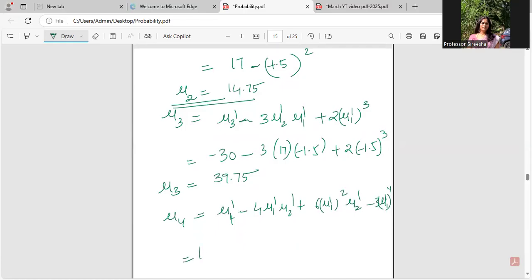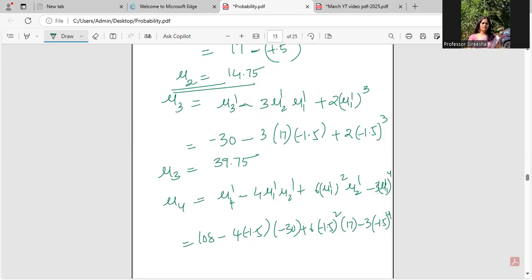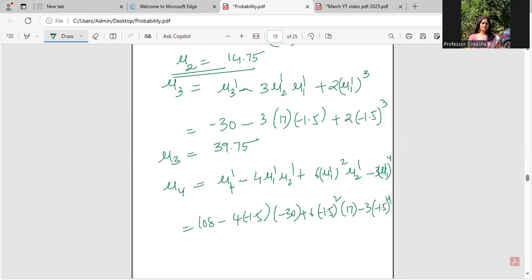So mu4 prime is given as 108, minus 4 into minus 1.5 into minus 30, plus 6 into minus 1.5 whole squared into 17, minus 3 into minus 1.5 whole power 4. Definitely use a calculator for this value, please. Do carry your calculator.